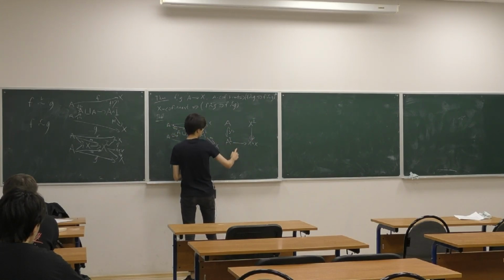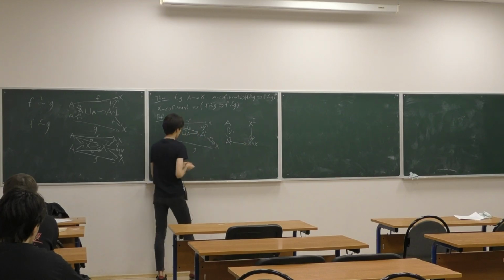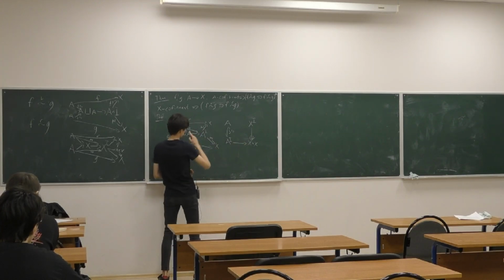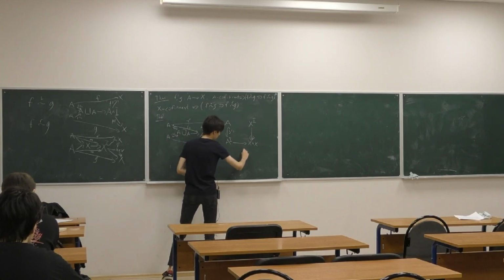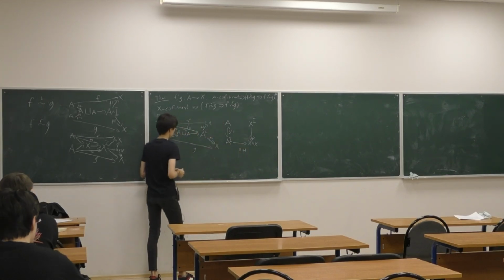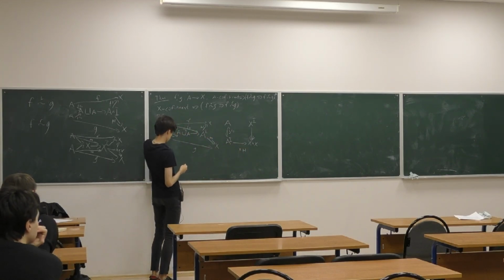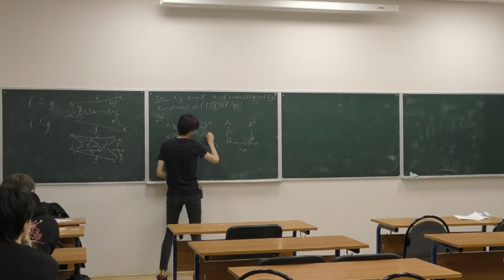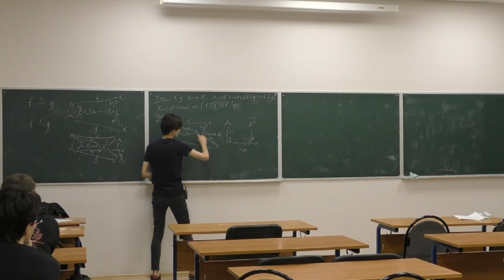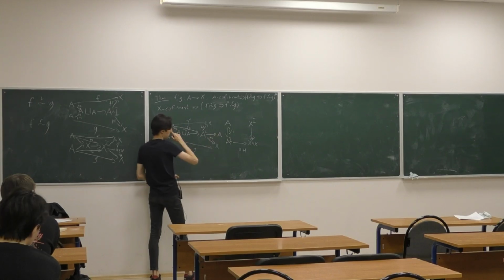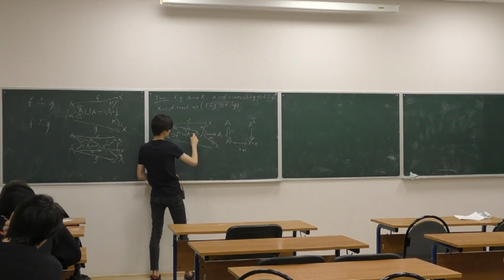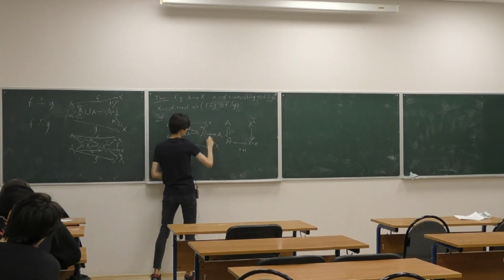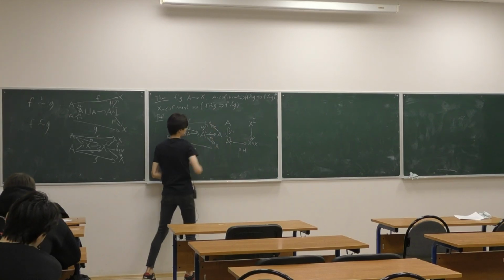What is this map? It is a product of two maps. One map is just H, and the second map is, let me try to remember. So we have this map. Let's say this is I and this is J, and we have also this map.